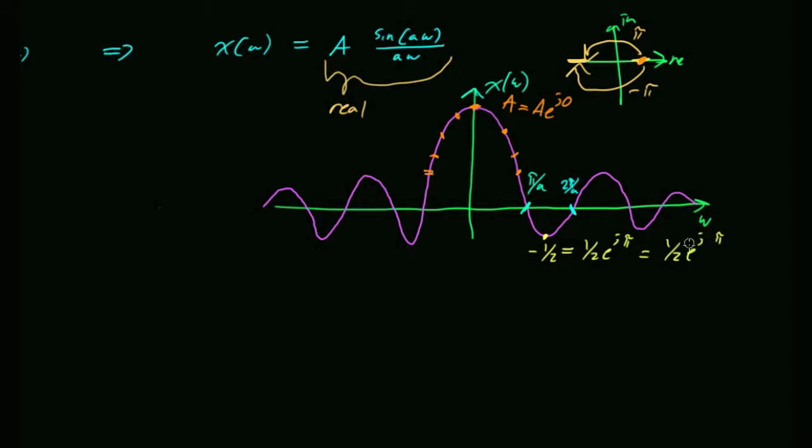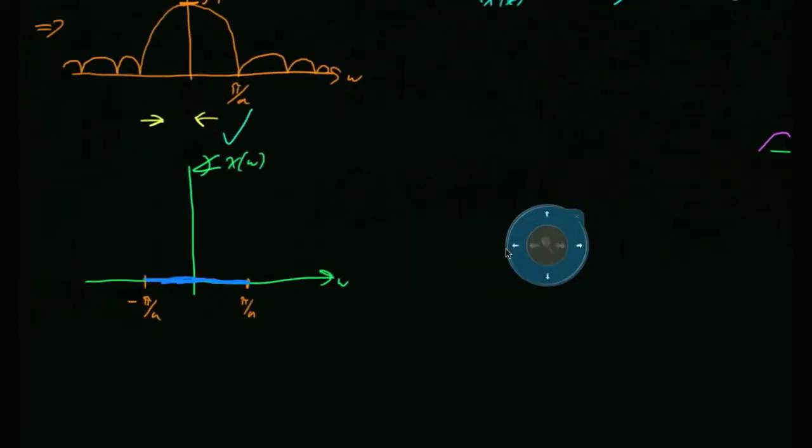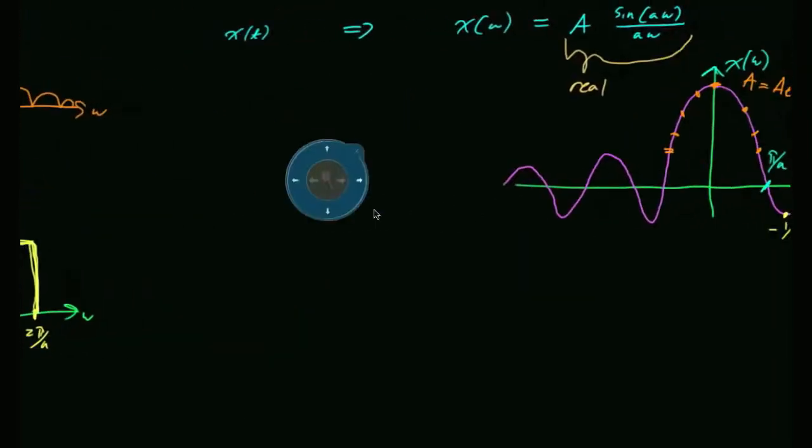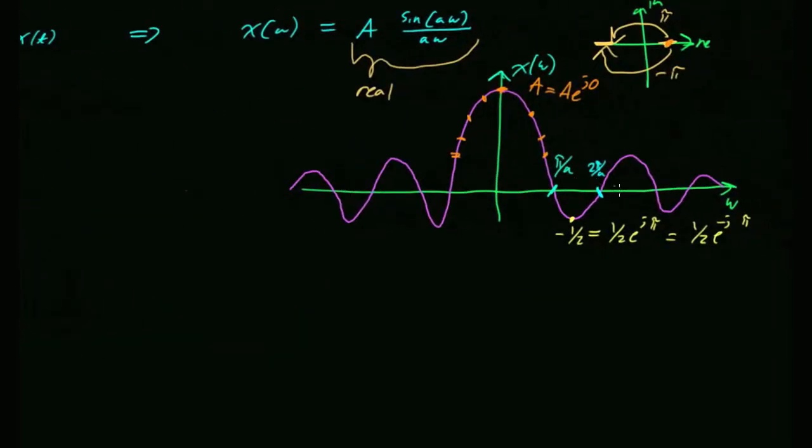So between pi over a and 2 pi over a, I'm going to have a phase angle of pi. That's all right. Okay, between 2 pi over a and 3 pi over a, so what's my phase angle here?